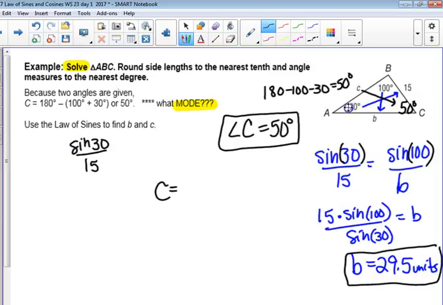I'm going to use those because I know those are right. In the same way, the sine of 50 is across from C. We also rounded the B, and if we use the rounded value, sometimes it'll make C a little bit different.